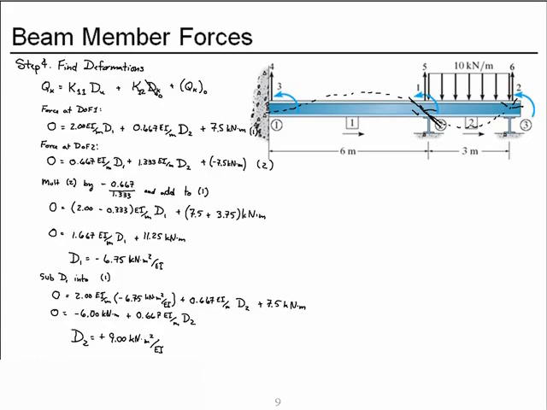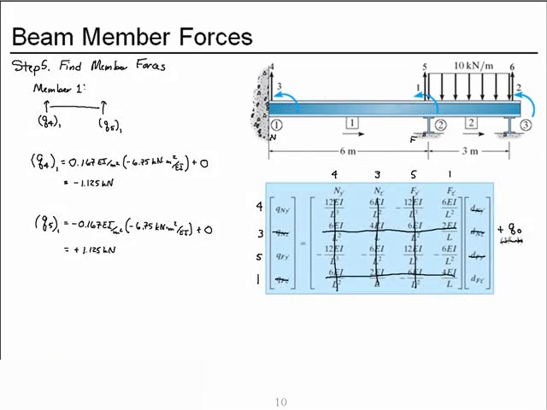And I showed how to do that by hand, and we obtained the 2 deformations, and we confirmed that the directions of those made sense. And then we used those deformations with the element stiffness matrices, or actually part of the element stiffness matrices, to find the member forces that are the shears at the ends of the members.